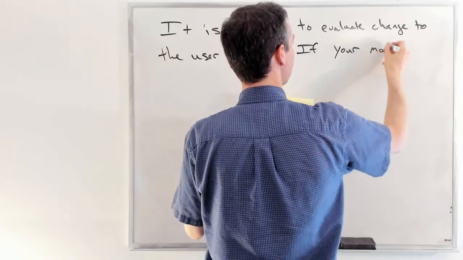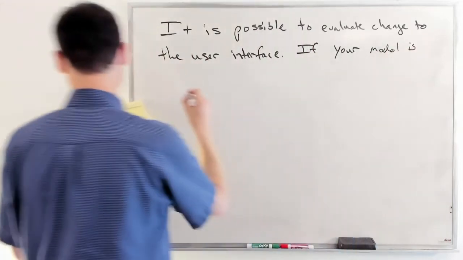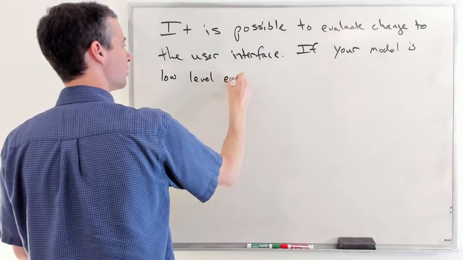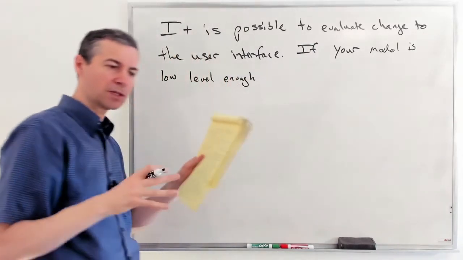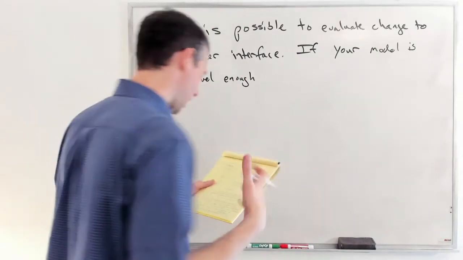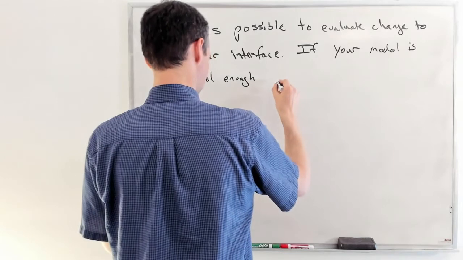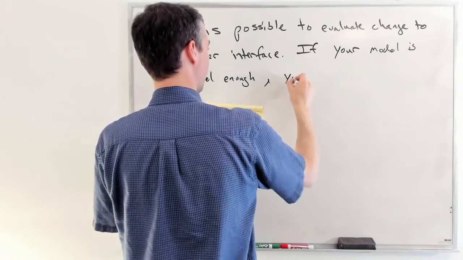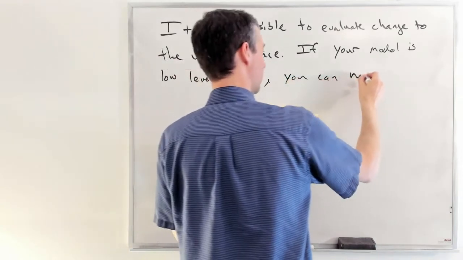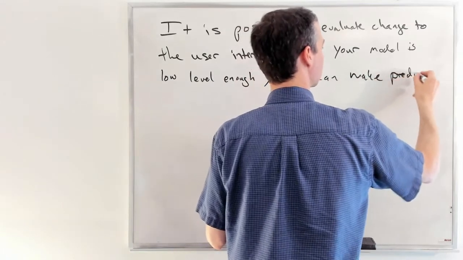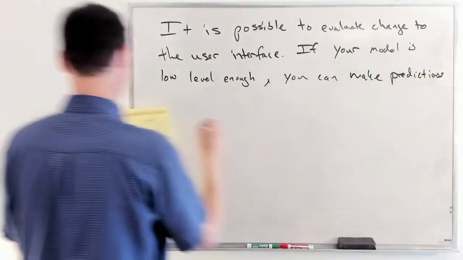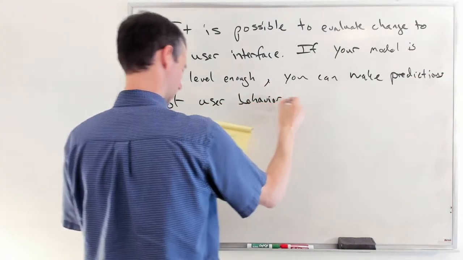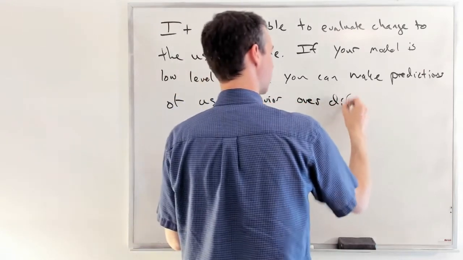So what I will say is if your model is low level enough, so in other words, it really gets down to, oh, people look at this, they will do this, they make these sorts of decisions, and you could actually model that, you can then go and make predictions of user behavior, for example, over different interfaces.